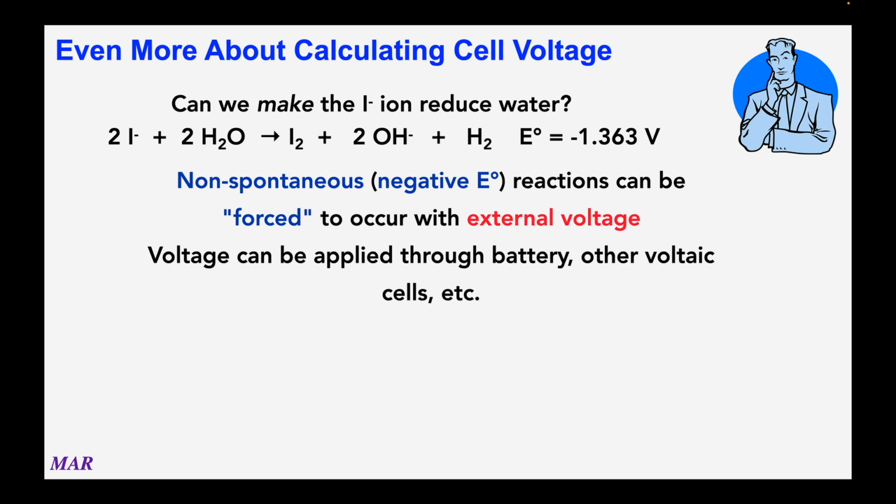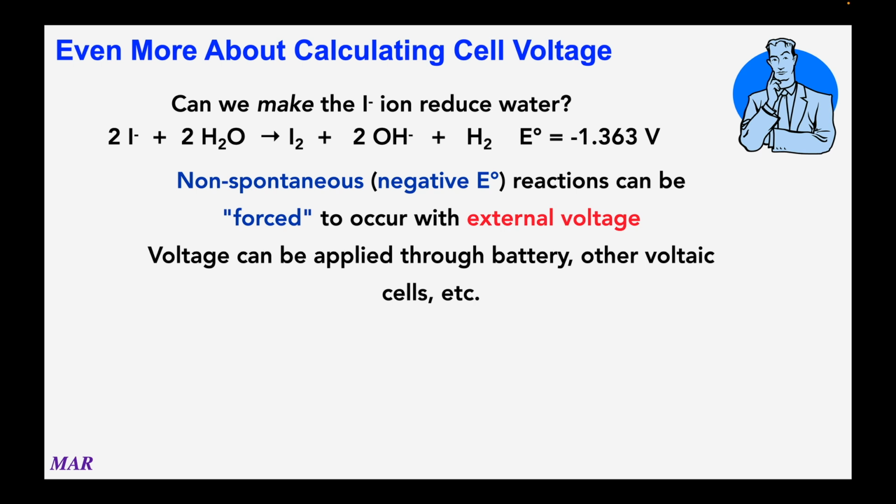Non-spontaneous, i.e. the negative E cell values, can be forced to occur if you apply voltage from another source. So if you apply, for example, in this case, positive 1.363 volts, you can actually make iodide and water react. It allows this barrier to be overcome. And the voltage could be from another battery.